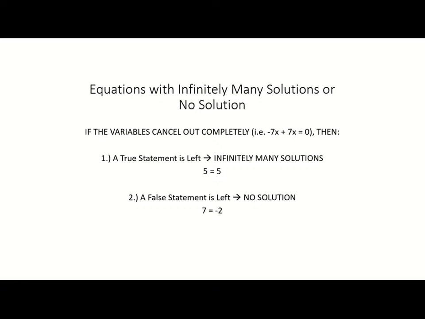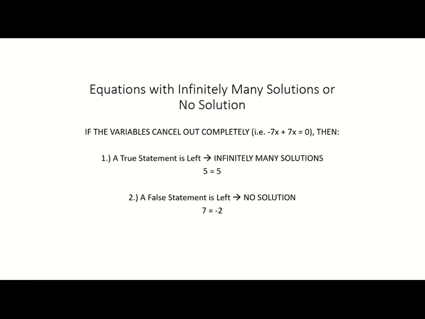So when you solve an equation, if the variables cancel out completely, for example, you take 7x and you subtract 7x, and that happens on both sides, then you'll have one of two options left. You'll either be left with a true statement, such as 5 equals 5, and that means that there are infinitely many solutions to our problem.